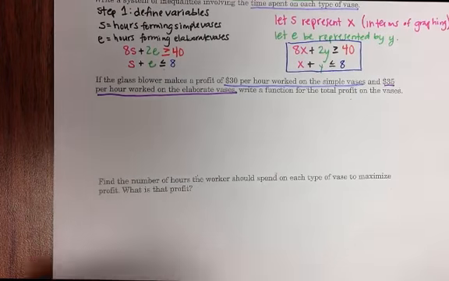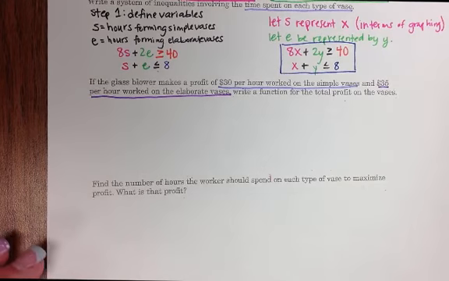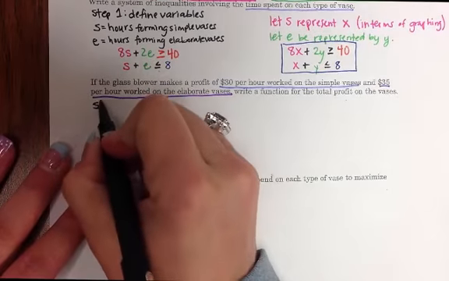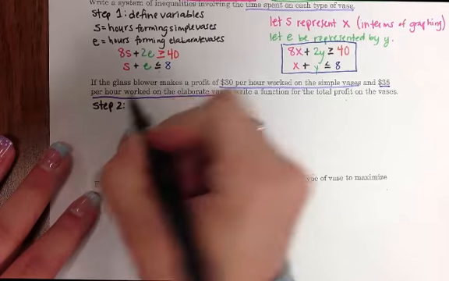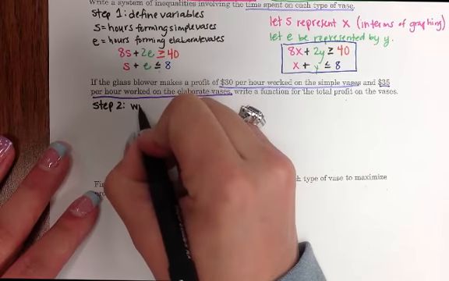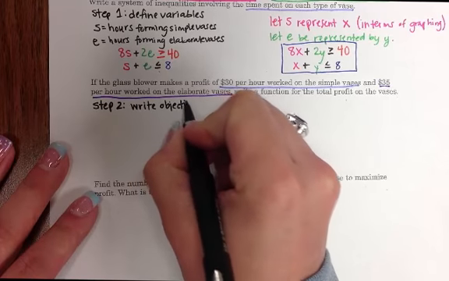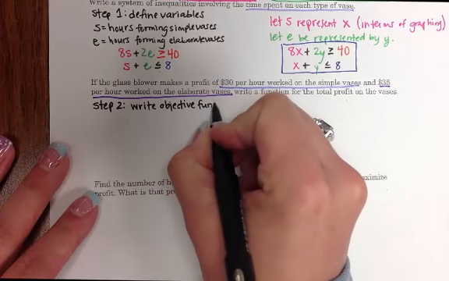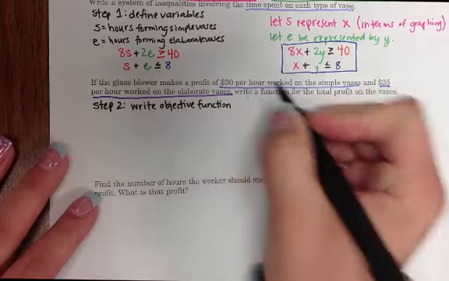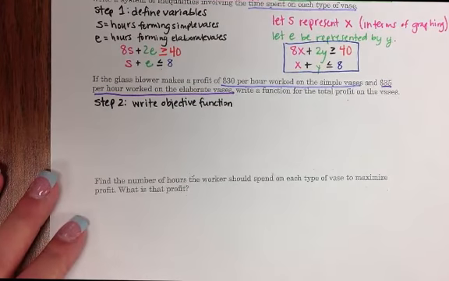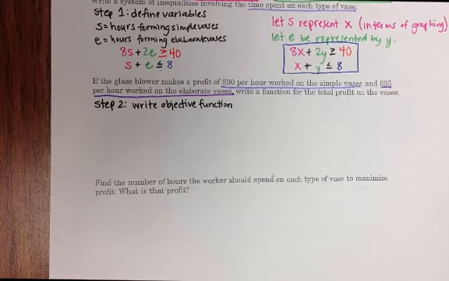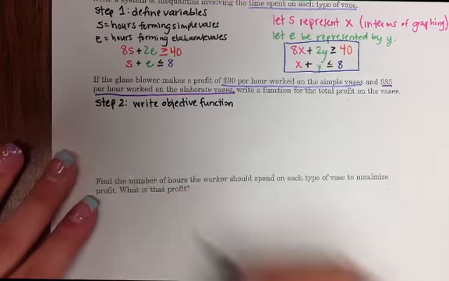And we're asked to write an equation or a function for profit. So step 2 is to write our objective function. We want to write our objective function similar to using function notation.